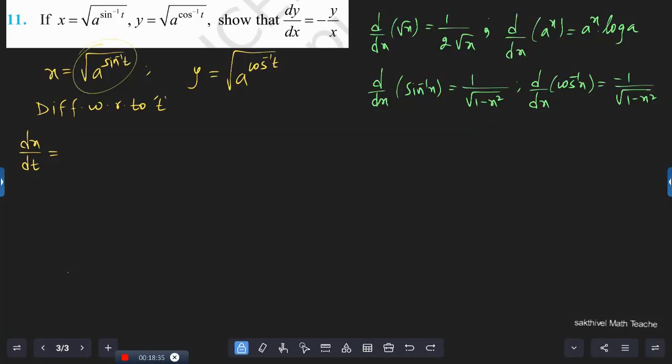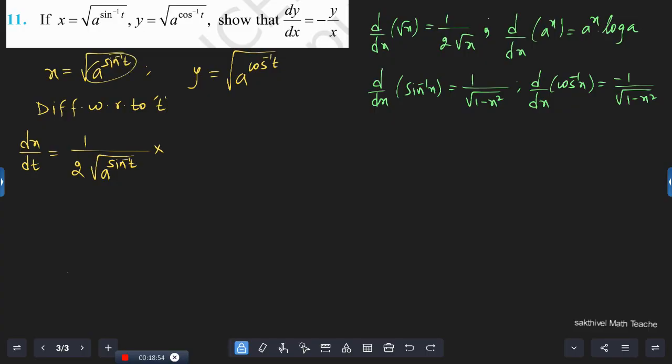First, root. When I differentiate, you will get 1 divided by 2 into the square root of a power sin inverse t, not x, sorry, t. Now the root derivative is over.